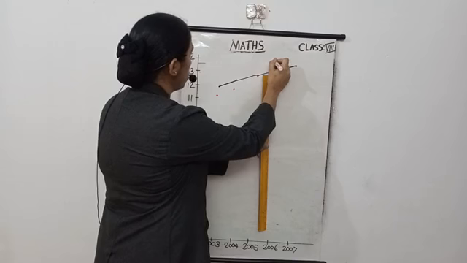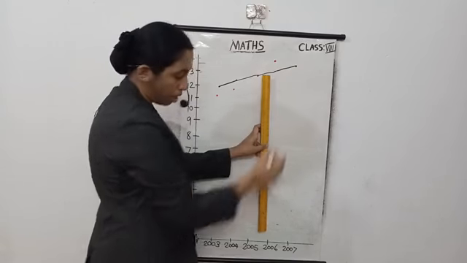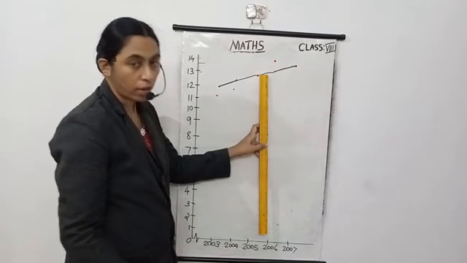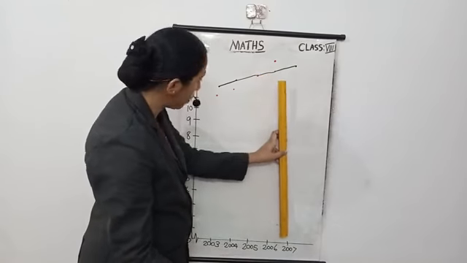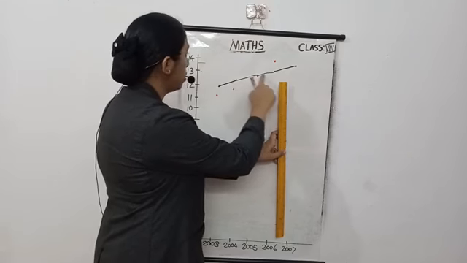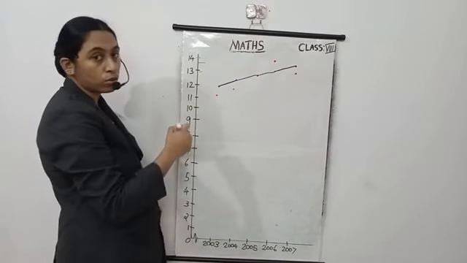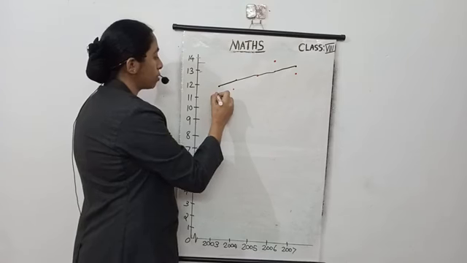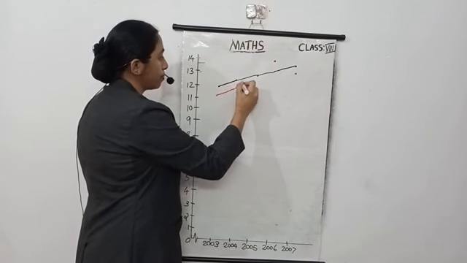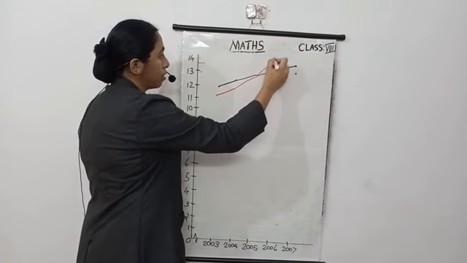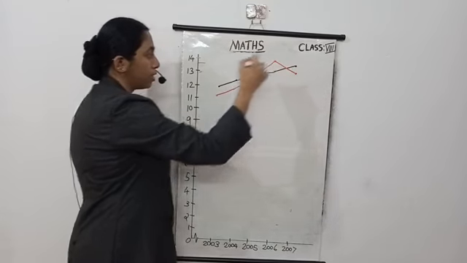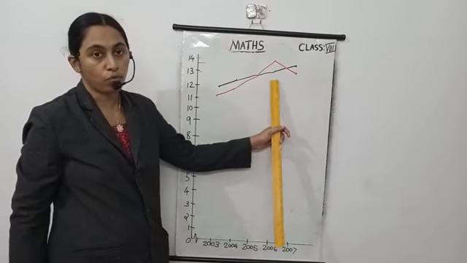So here. And last, 2007, 12.8. So 12.8 here. So now join these dots. So we get a line graph of women.